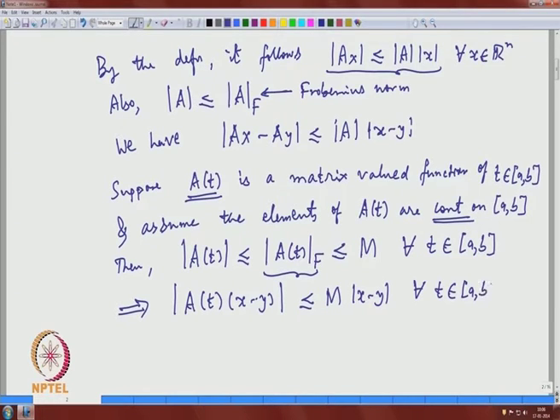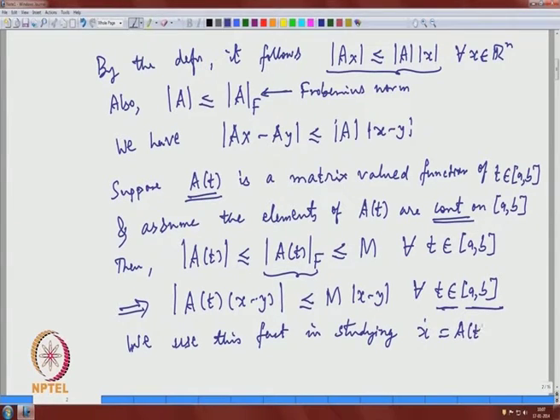So, that means the map x going to A of t x is uniformly Lipschitz in this interval, and we use this fact in studying the linear system x dot equal to A of t x.